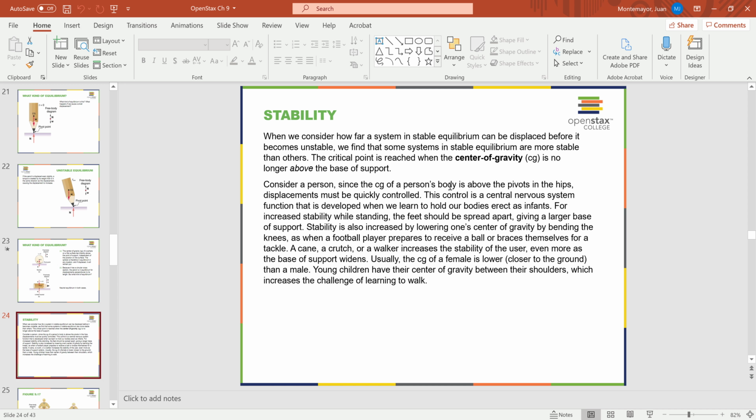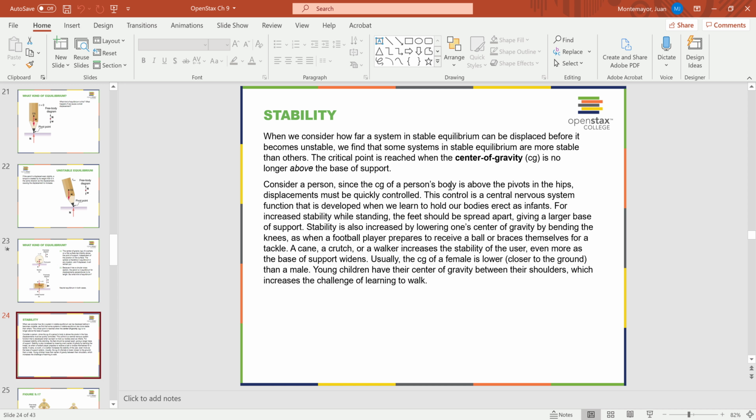Consider a person: since the CG of a person's body is above the pivots in the hips, displacements must be quickly controlled. This control is a central nervous system function that is developed when we learn to hold our bodies erect as infants. For increased stability, while standing, the feet should be spread apart, giving a larger base of support.